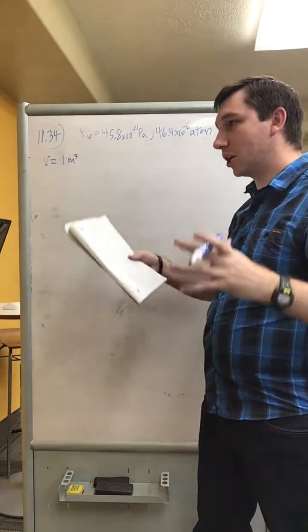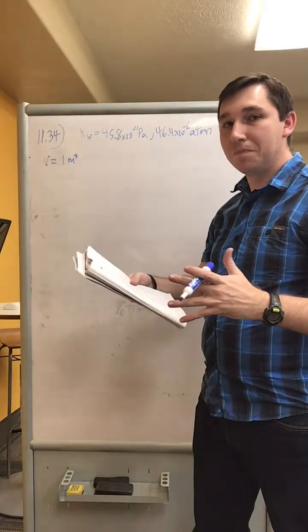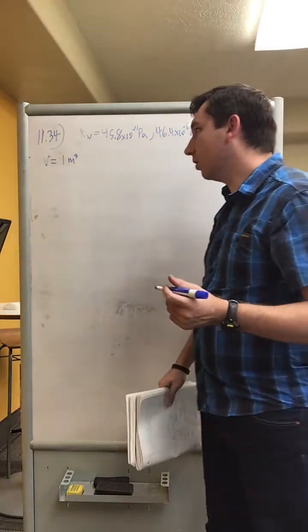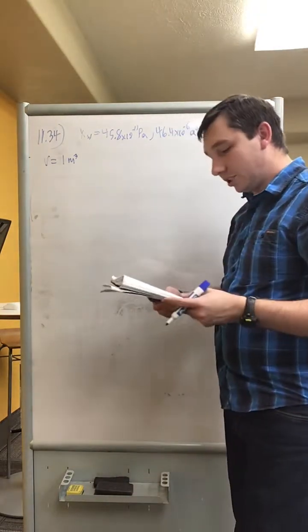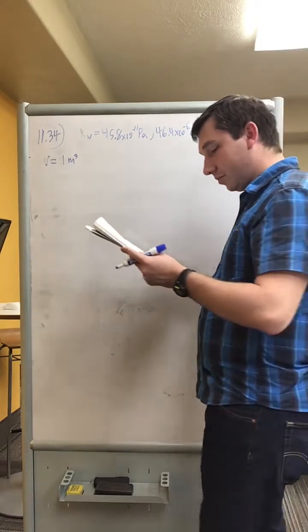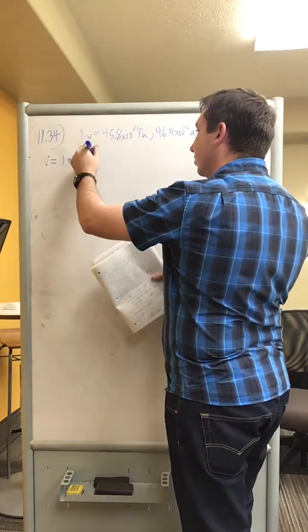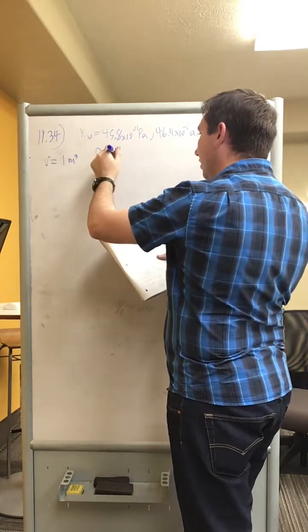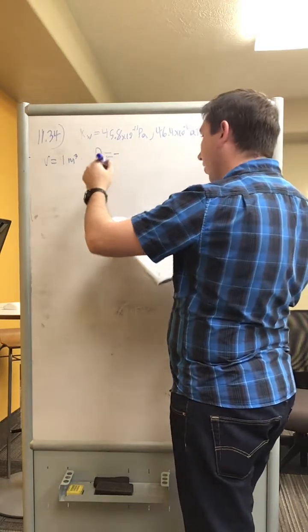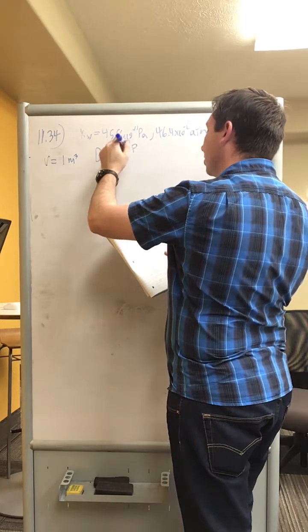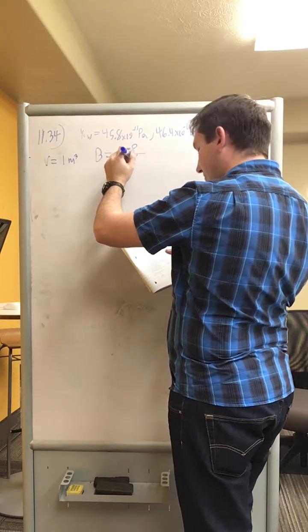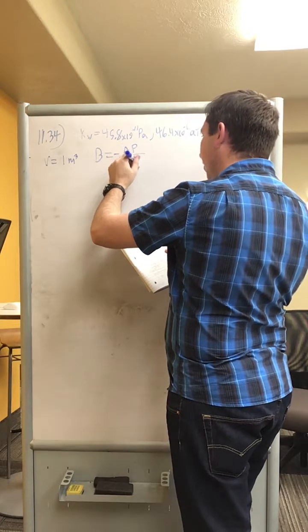Because we know as the pressure increases, the volume will decrease and the density will change. So we need to use the bulk modulus equation, B is equal to negative change in pressure over change in volume divided by the initial volume.